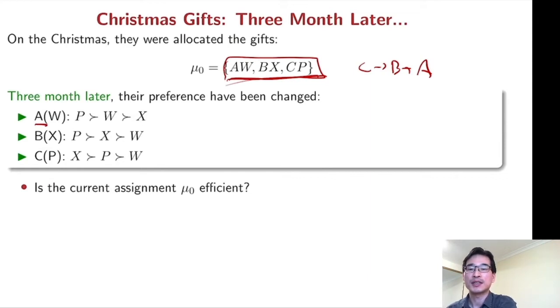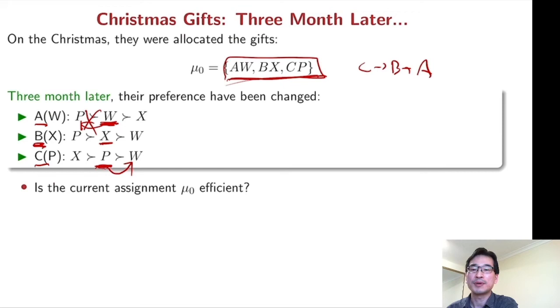A now is assigned W, B is assigned X, and C is assigned P. A can be better off by taking P, and P now belongs to C, but C doesn't like W. So this cannot be a blocking pair.